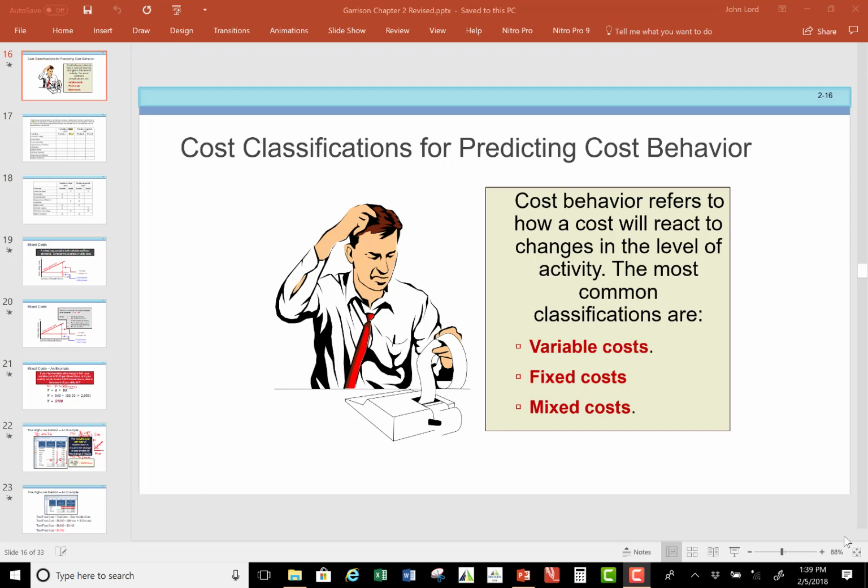Okay. Now what happens here is our selling and administrative costs do not stop at the balance sheet. They go straight to the income statement as expense, thus the term period cost. They are expensed as incurred, right?